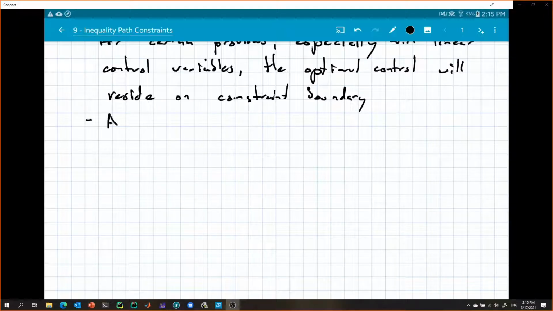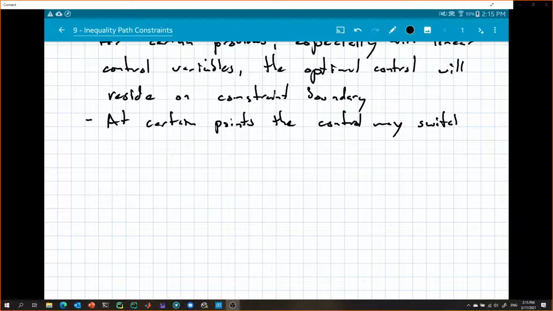And what makes it bang-bang is that at certain points, the control may switch from one boundary to another.